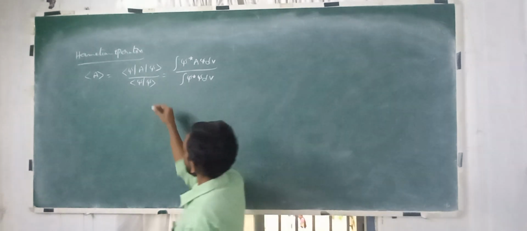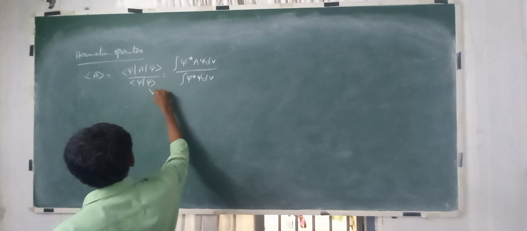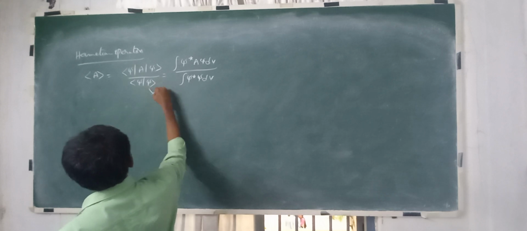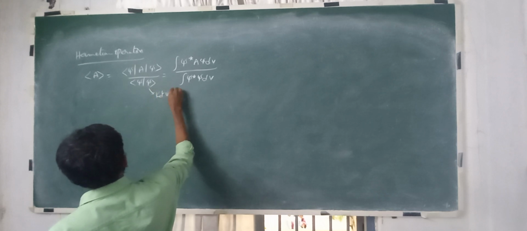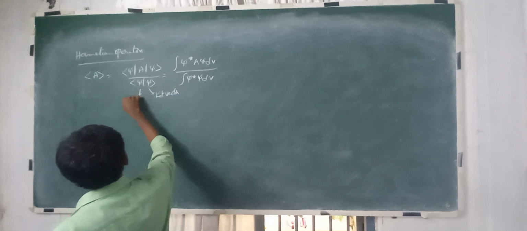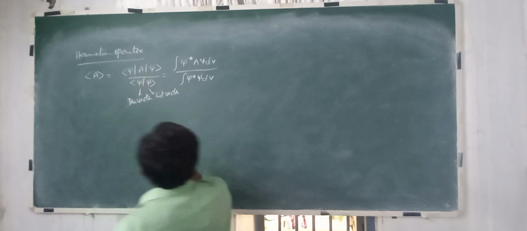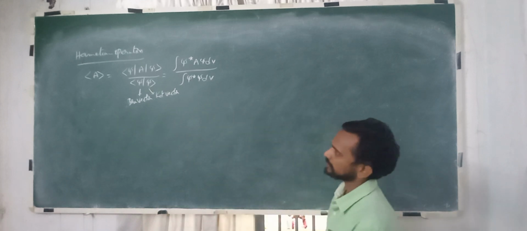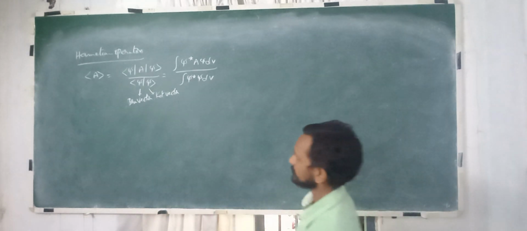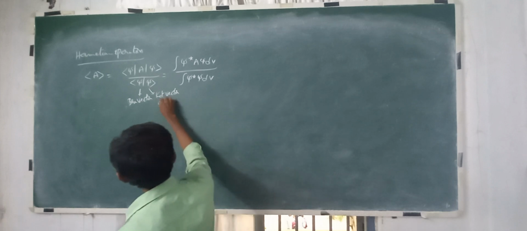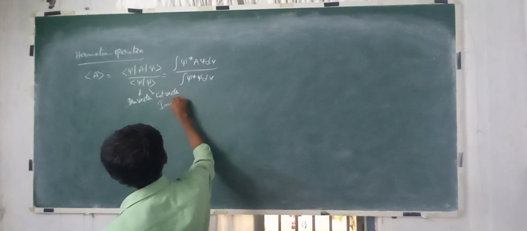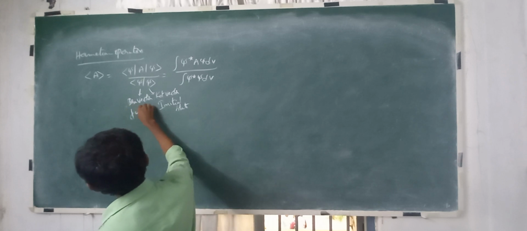This notation is called bracket notation, and this is called the ket vector, and this is the bra vector. In other words, this is the initial state of the system, and this is the final state of the system.